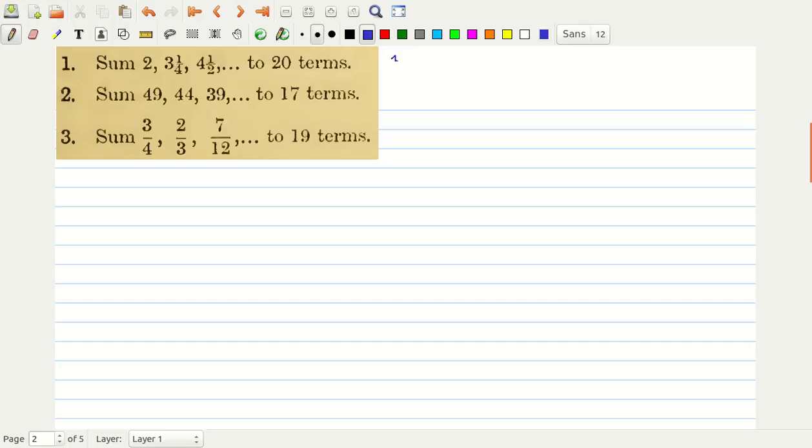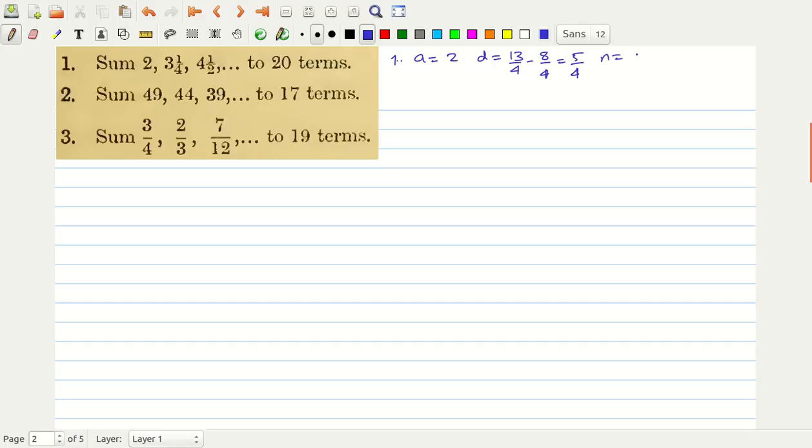I am doing problem number 1 here. A is equal to 2, and what is D? D is 13 by 4 minus 2, which can be written as 5 by 4. So D is equal to 5 by 4.